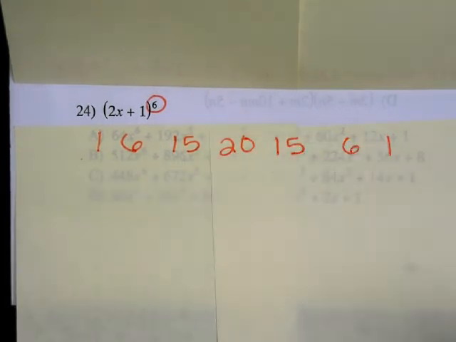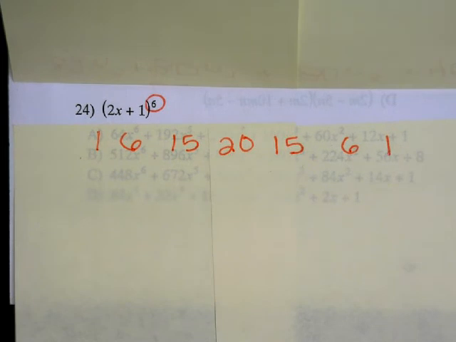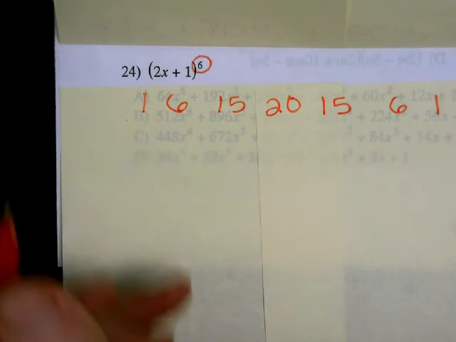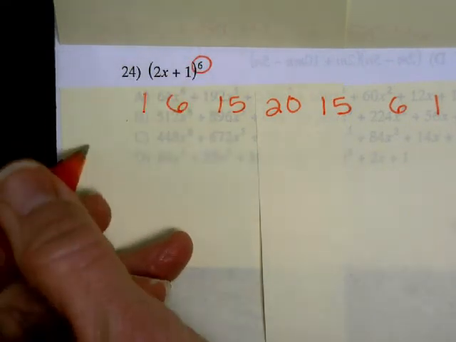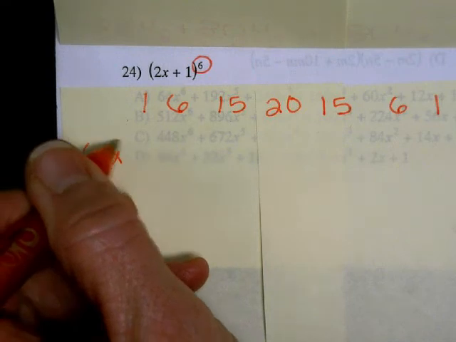So 15, 20, doesn't repeat. 15, 6, and 1. Thankfully, we don't have to reinvent the wheel on that. Thanks to Pascal's triangle. And if you didn't have a triangle, you could always put in the combination in your calculator, but I allow you the triangle, no problem.